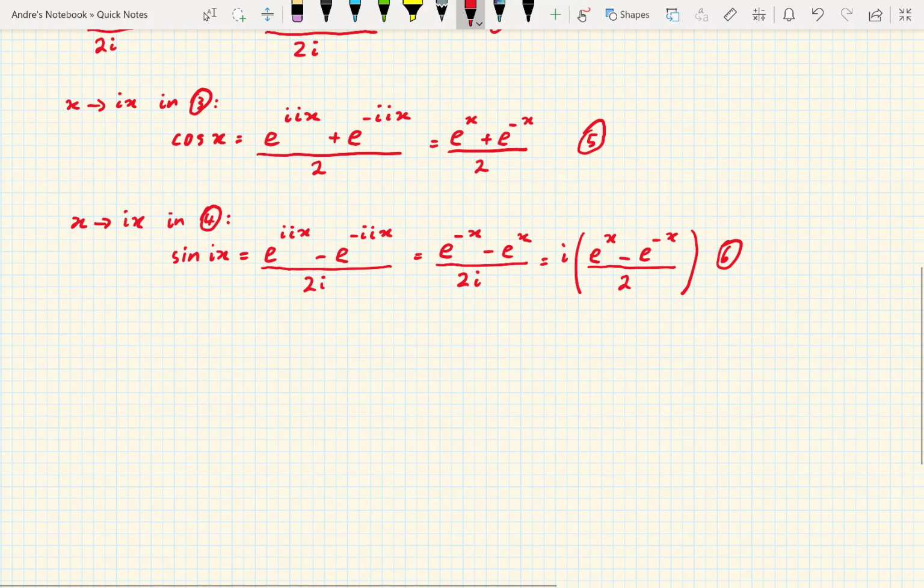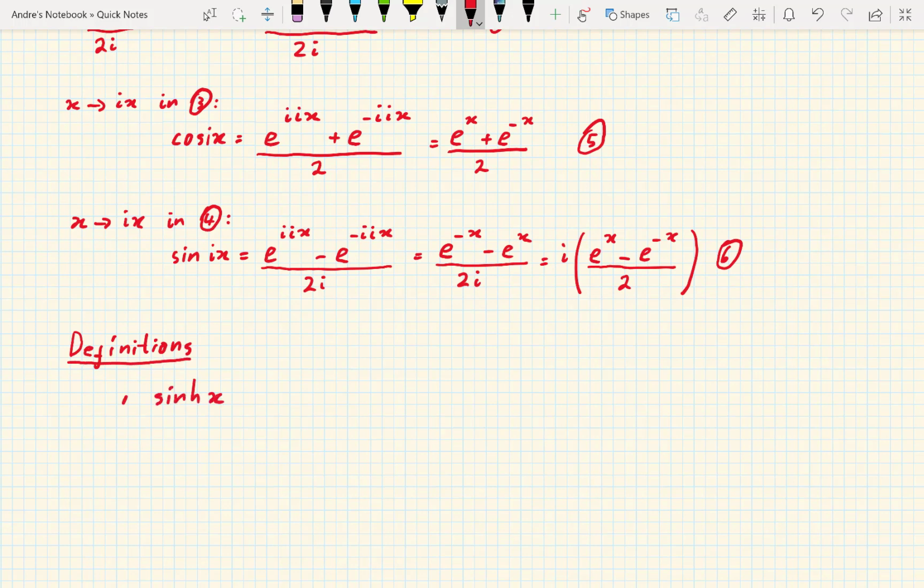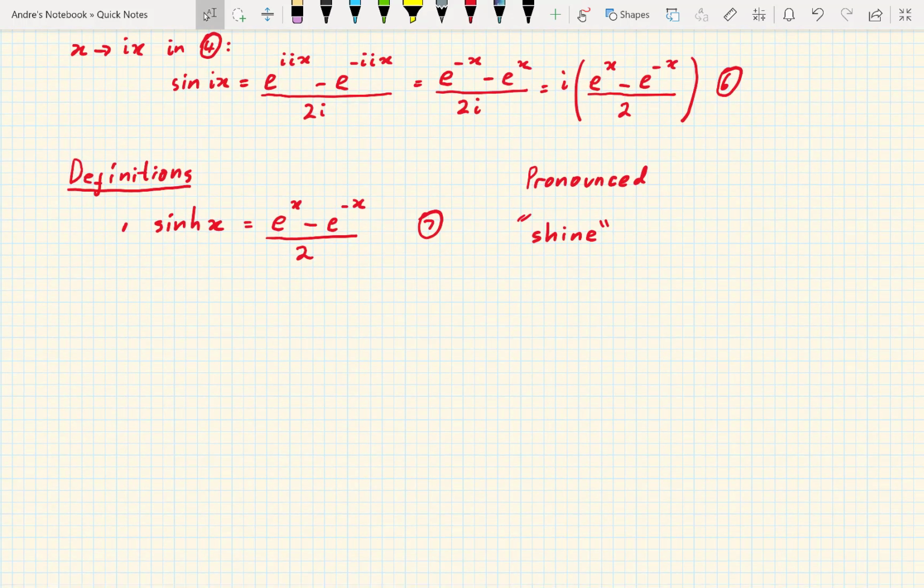Well, the expressions on the right-hand side of equations 5 and 6 are used sufficiently often and are sufficiently useful that they're given names. We define the hyperbolic sine of x, pronounced shine x, as sinh x equals e to the x minus e to the minus x on 2.